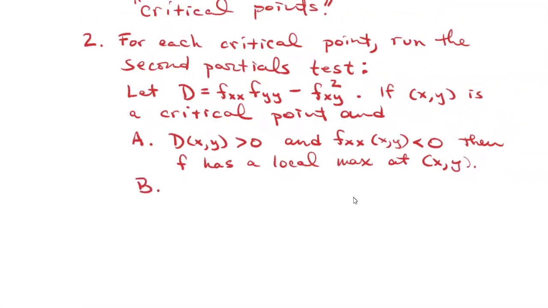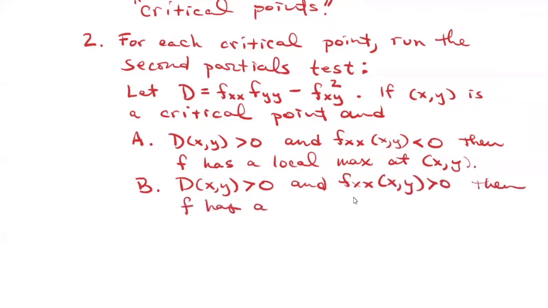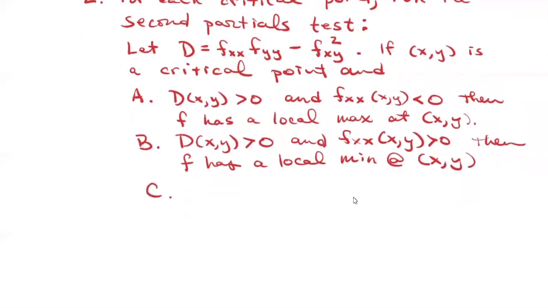B, D of (x,y) greater than 0, and fxx at (x,y) greater than 0 means it's concave up. Concave up means a min. So then f has a local min at (x,y). Okay, C, D less than 0 is the interesting case.